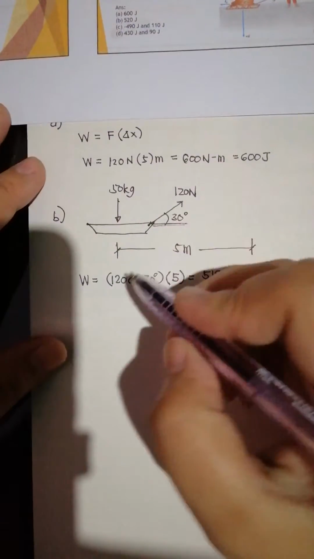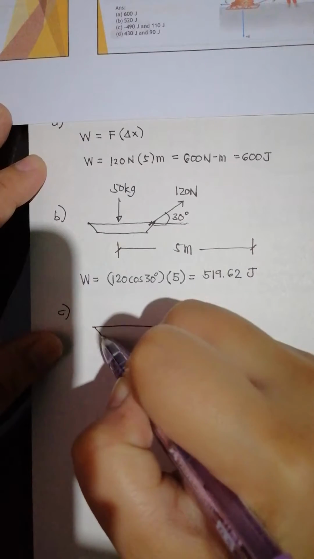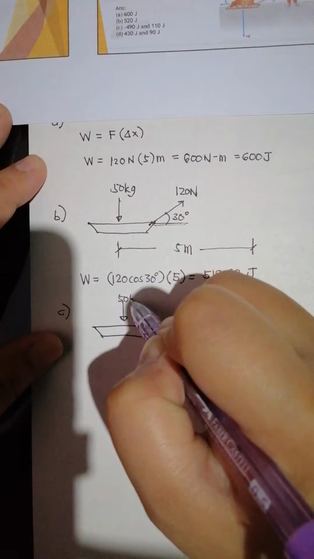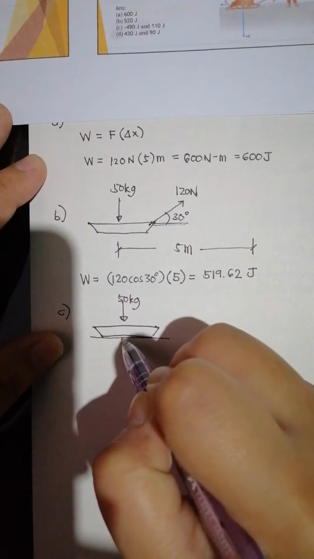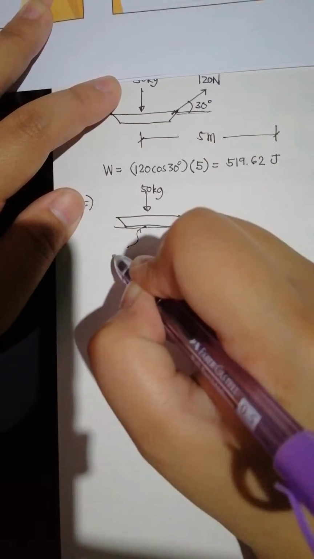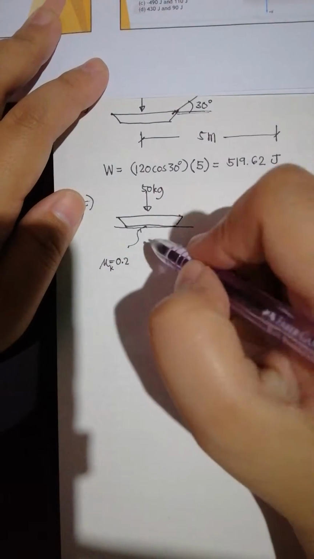On letter C, there is already a coefficient of friction between the sled and the snow, and that is 0.2.